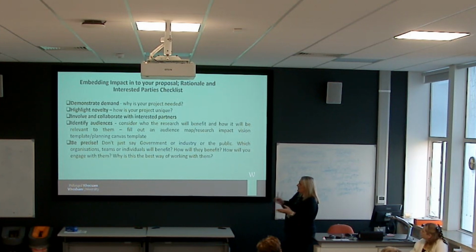That can all be slightly different to audiences, but again, it's identifying who all these people are. In each project, you're going to have lots of different people who are interested in it for different reasons, and it's identifying that. Sometimes that just takes a minute to step back and think about who is going to be interested in this and why. You're already mapping who your interested parties are.